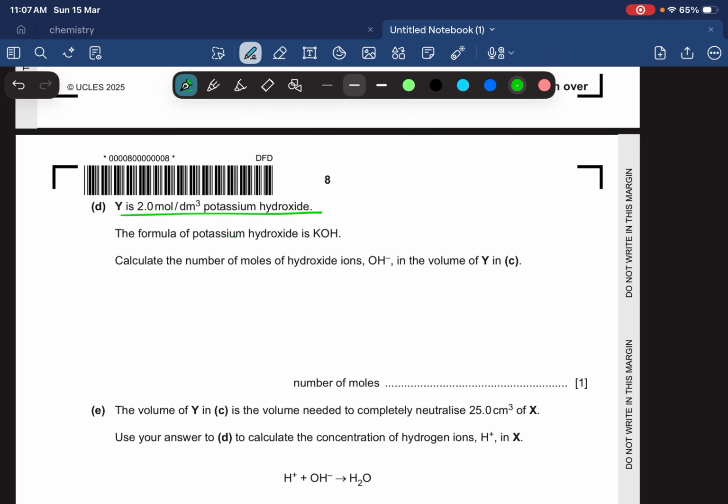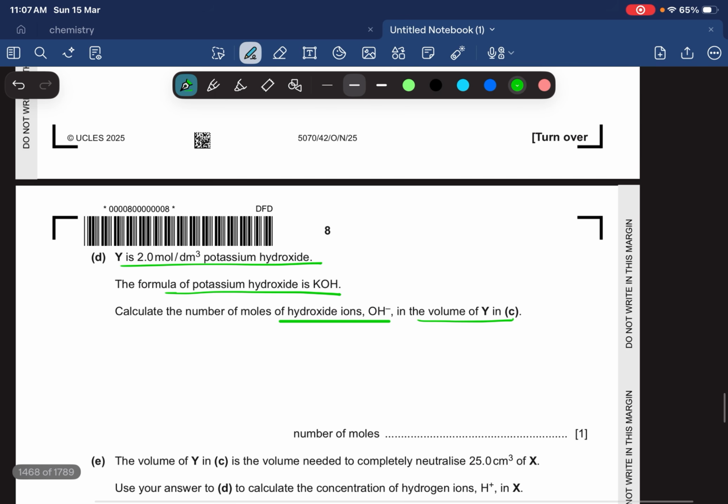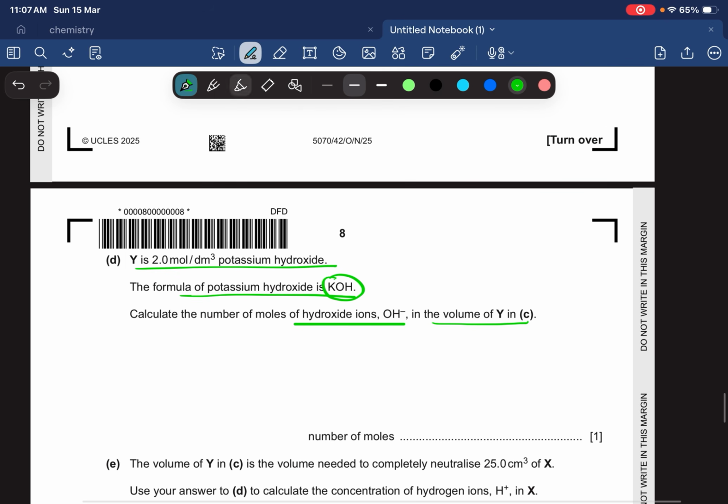The formula of potassium hydroxide is KOH. Calculate the number of moles of hydroxide ions in the volume of Y in C. First things first, you first need to calculate the moles of potassium hydroxide, and then you're gonna see what to do with these hydroxide ions. So for the moles of KOH, it's pretty simple.